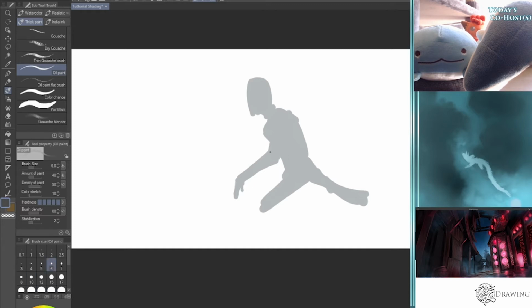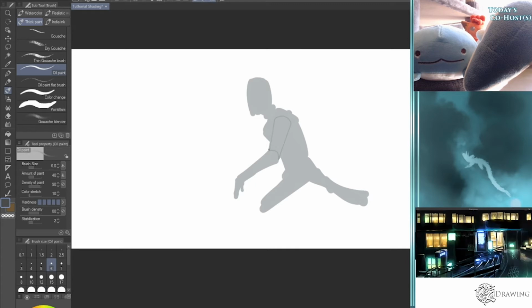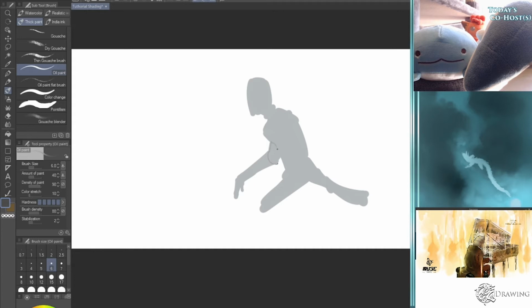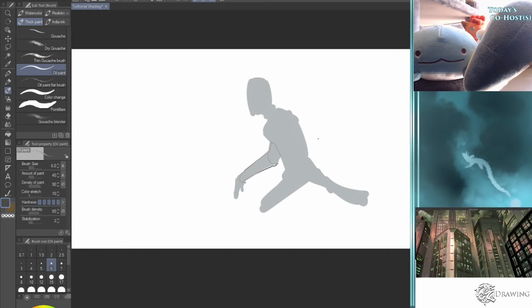Tell me, is this an arm like this, coming in front? Or is it an arm like this, going out to the back? There is no correct answer, but you have to choose one answer. If you don't know, you can't shade the arm.